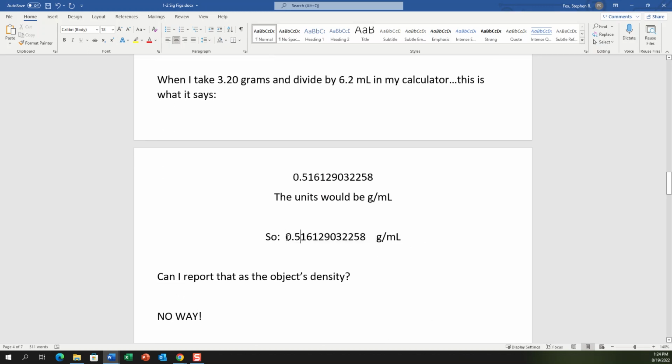And this measurement is really certain. But you got this measurement based on those measurements. So you can't use measurements to get another measurement, like using mass and volume to get density. And the density that you report can't have more accuracy or precision than the measurements you used to get that.